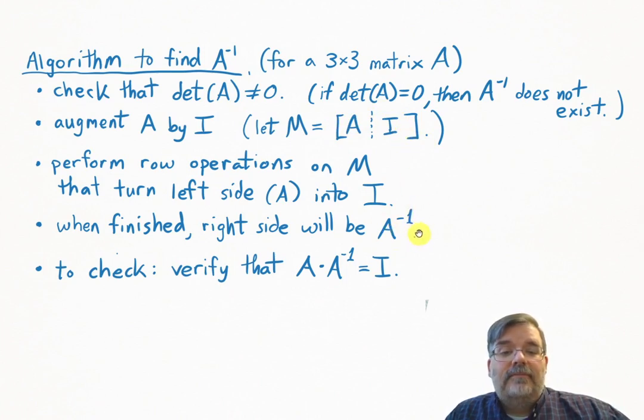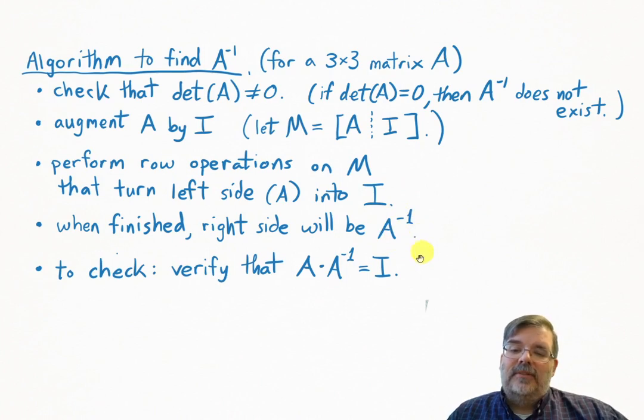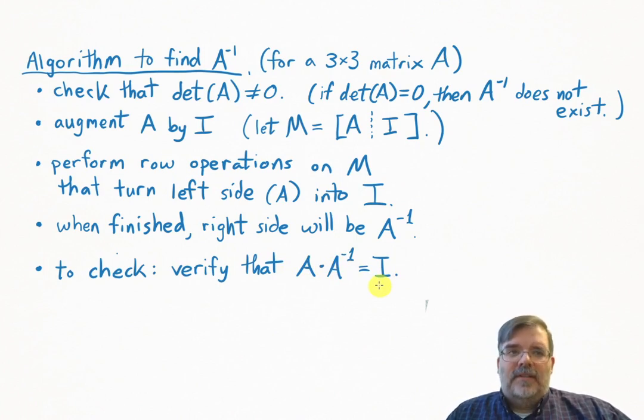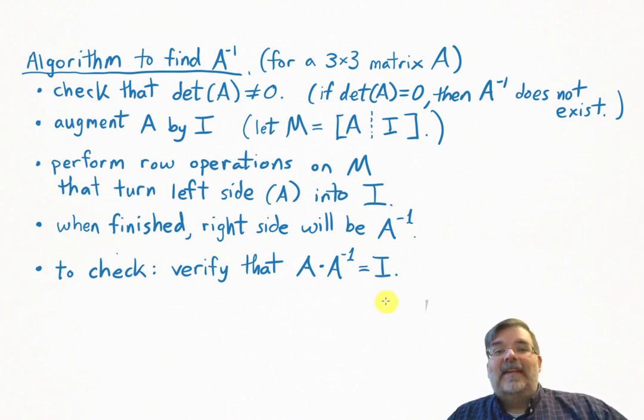So once we're done, we have the inverse matrix. And luckily, it's always easy to check that you have the right inverse matrix, because if you multiply a matrix times its inverse, you should get the identity matrix. So that's the algorithm. Let's see it in action.